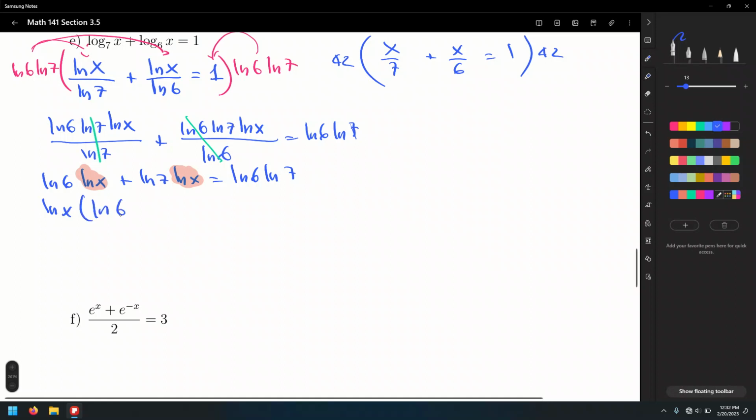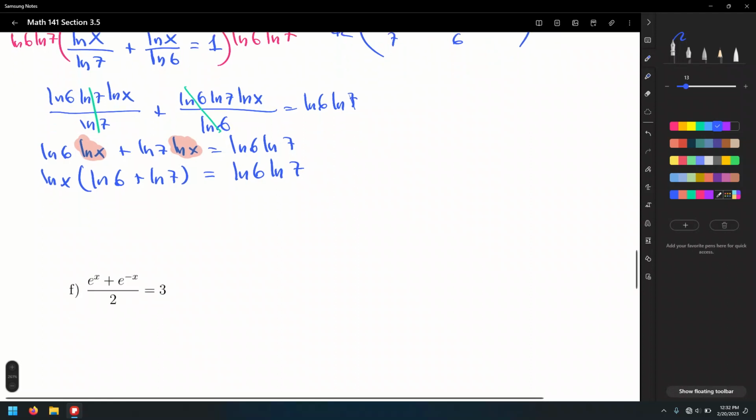That's ln of 6 plus ln of 7, which is equal to ln of 6 times ln of 7. And we are about to get the ln x by itself by dividing both sides by this madness right here, ln of 6 plus ln of 7.